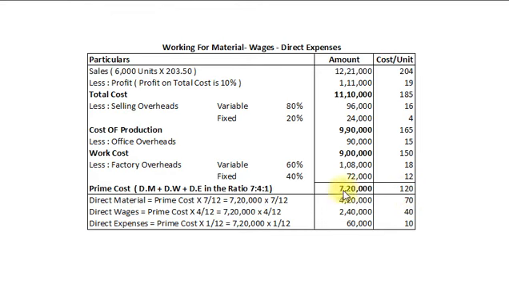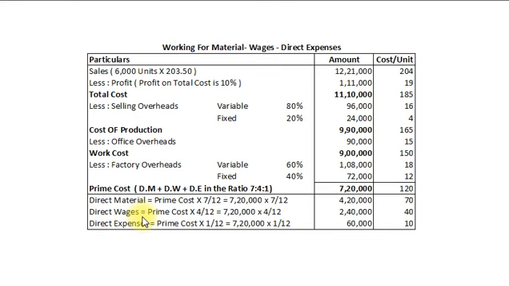Now prime cost carries direct material, direct wages and direct expenses in the ratio of 7:4:1. So now we will work out direct material cost, that is prime cost into 7 by 12. So 7,20,000 into 7 by 12, that is 4,20,000 total and 70 rupees per unit.